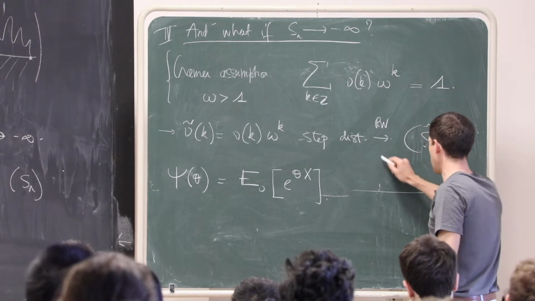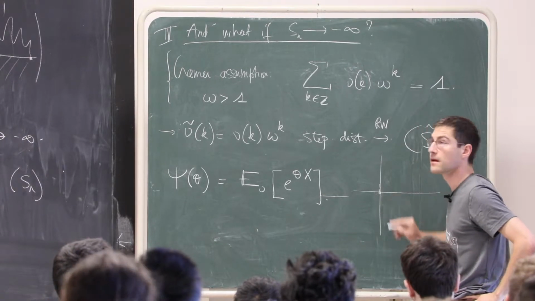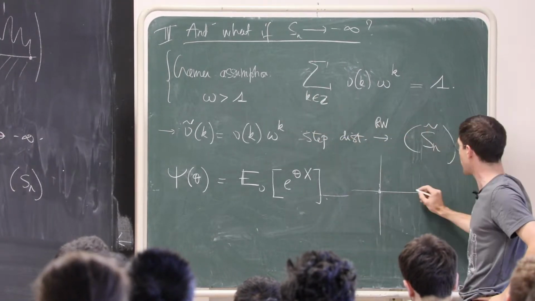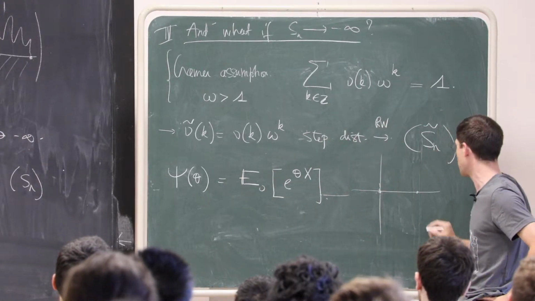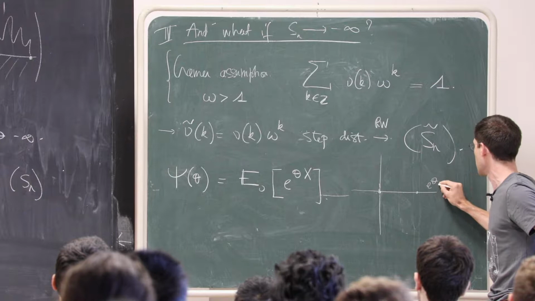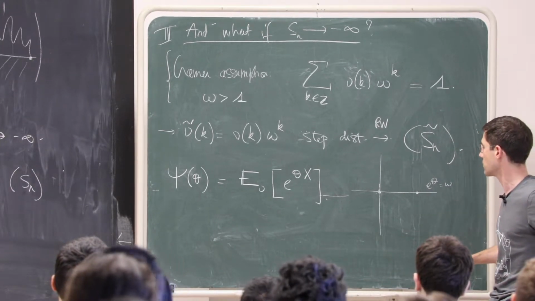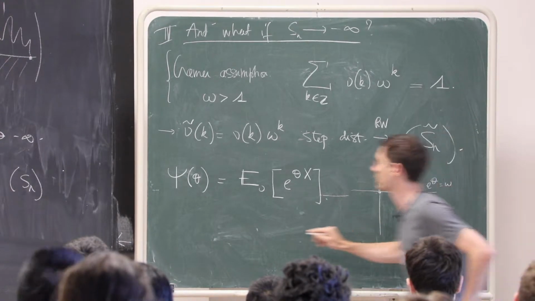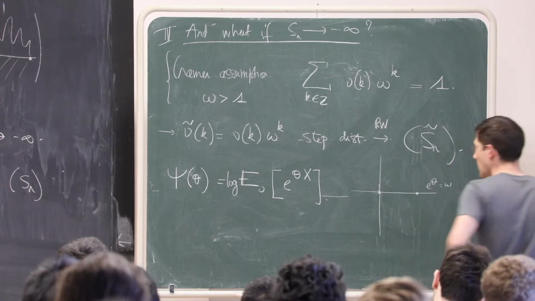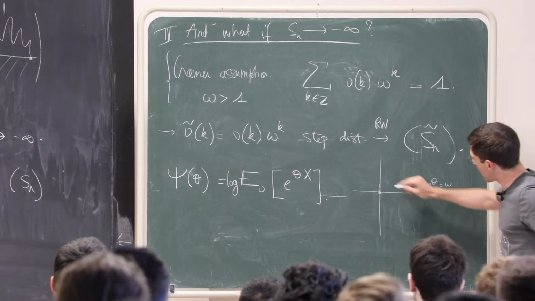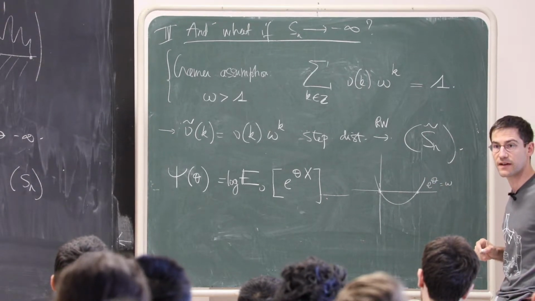At theta equal to 0, you get 1. And this Cramer assumption tells you that at some theta bigger than 0, where e to the theta is equal to omega, you get 1 again. So let's put a log here. And you know that your function looks something like that because it's convex.